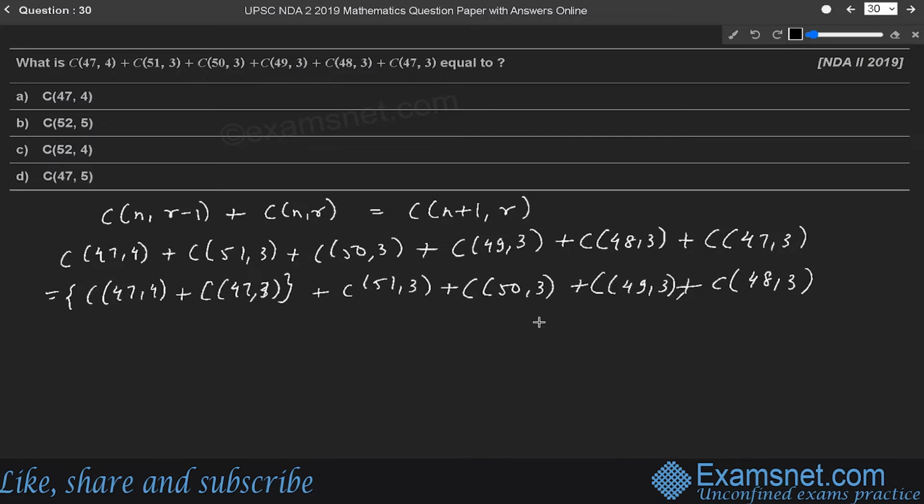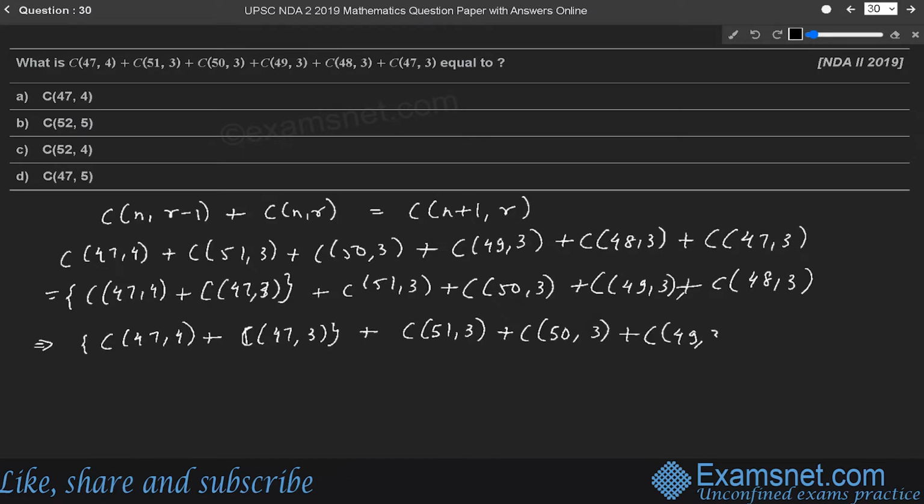As we know that C(n, r-1) + C(n, r) is equal to C(n+1, r), applying these values here, it will be equal to C(47,4) + C(47,3) + C(51,3) + C(50,3) + C(49,3) + C(48,3).